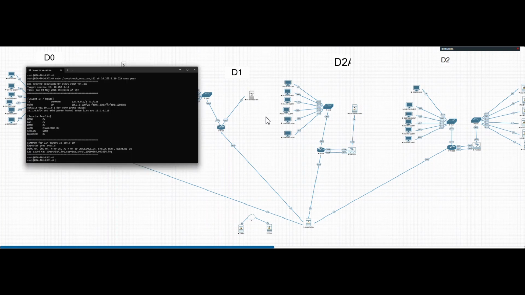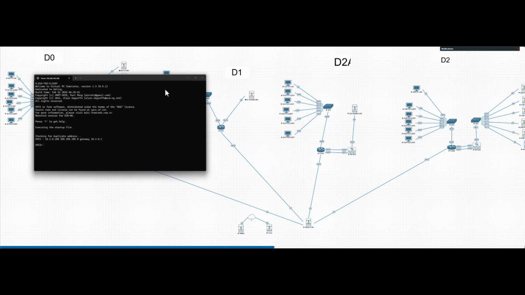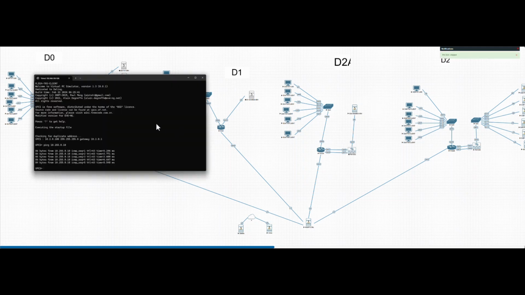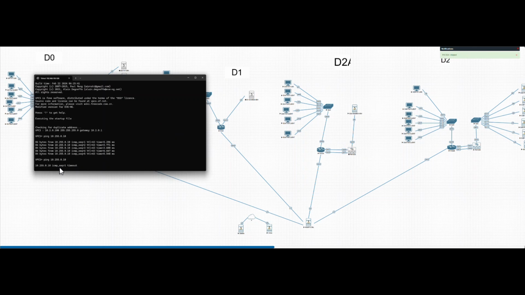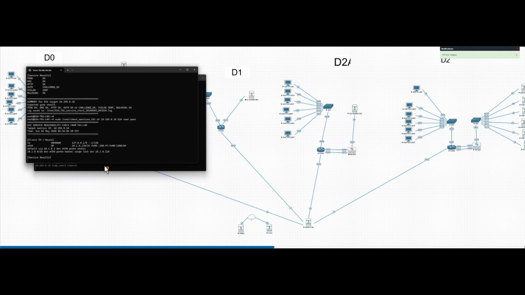All is reachable. We can ping from the second client. Everything is reachable, but when the firewall goes down, all services are down. As you can see, we can't reach the server. Same for all services, they are down.